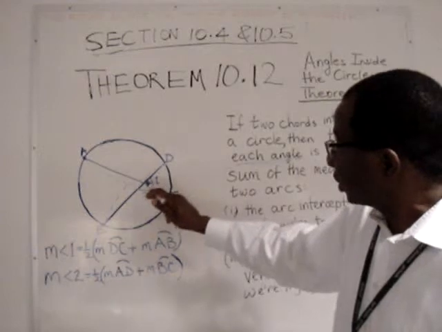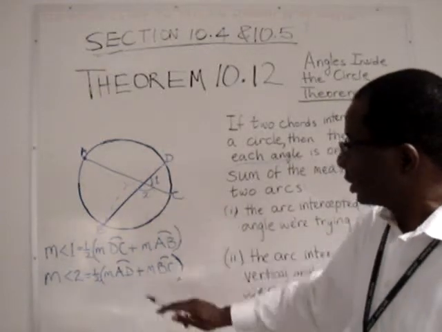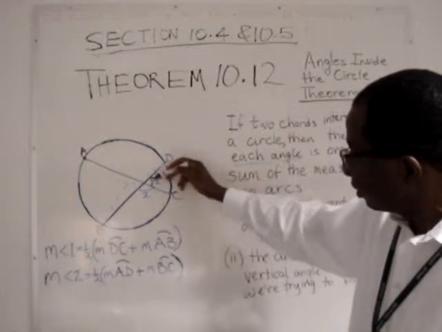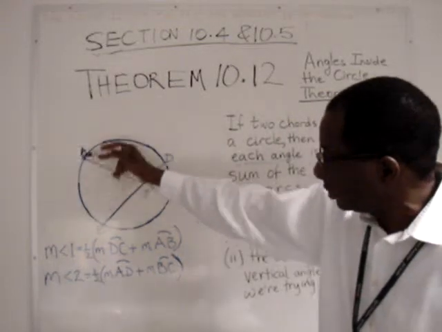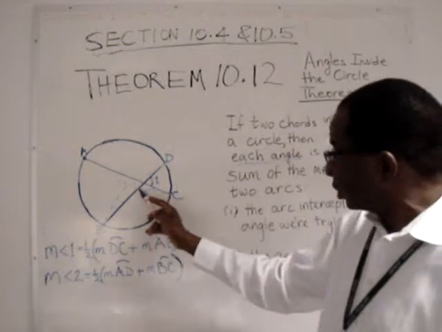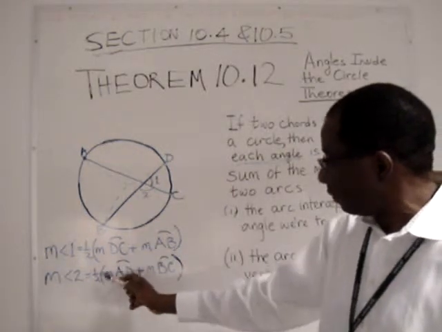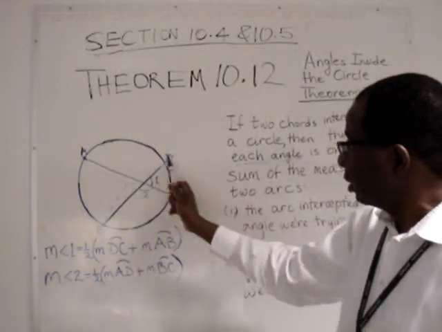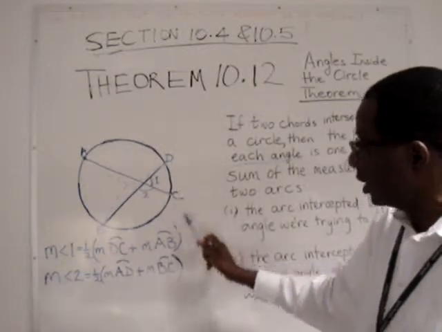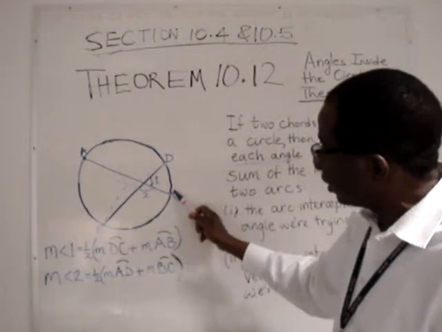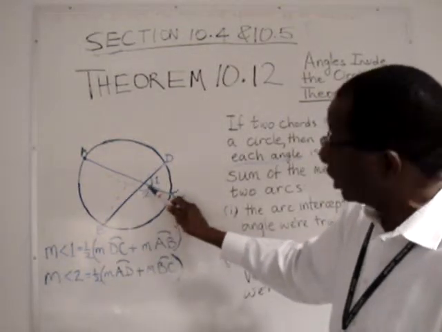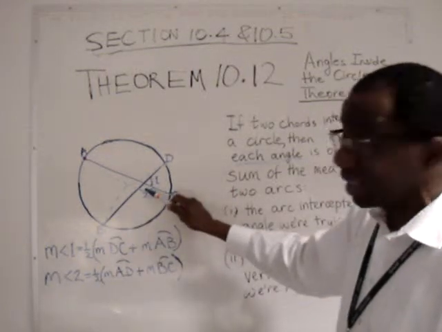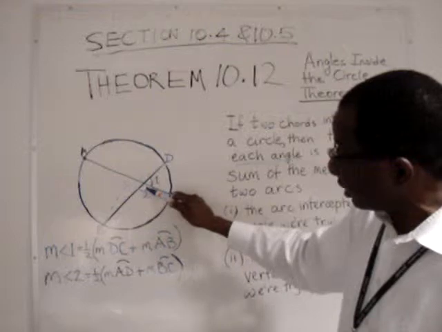So the measure of angle 1 is half of the measure of arc DC plus the measure of arc AB. And then the measure of angle 2 is half of the measure of AD plus the measure of BC. Why? Because BC is the arc intercepted by the angle 2 that we're trying to find in that case.